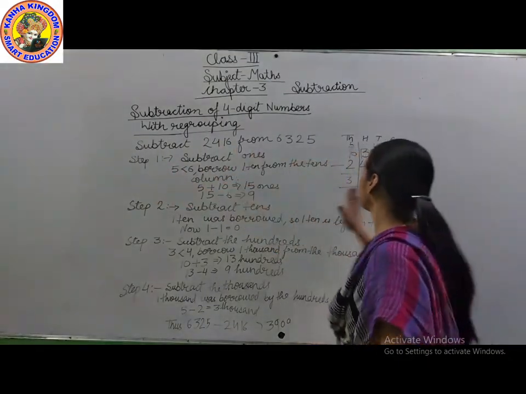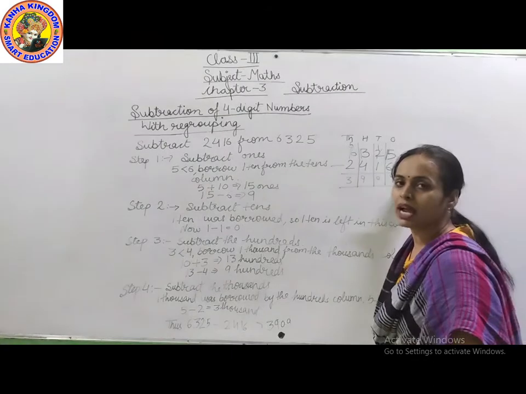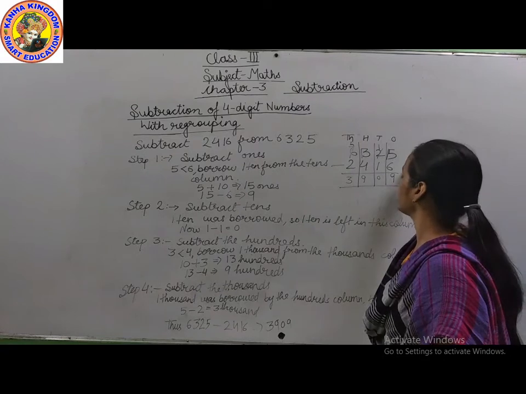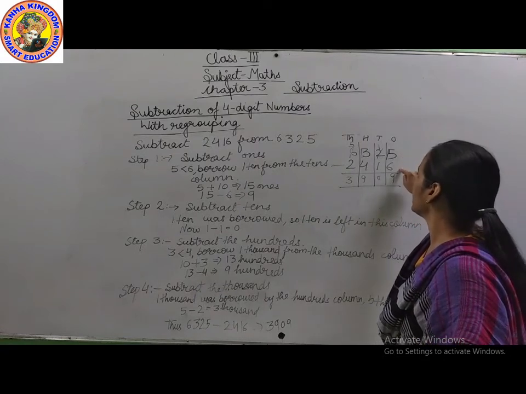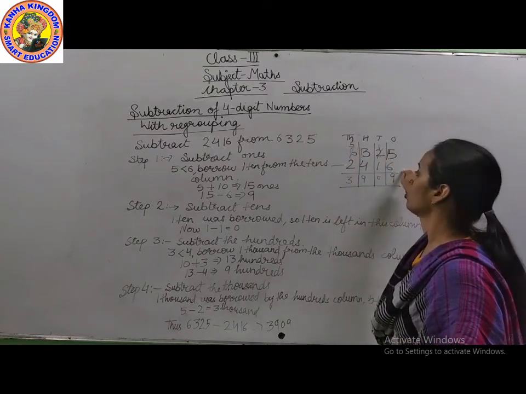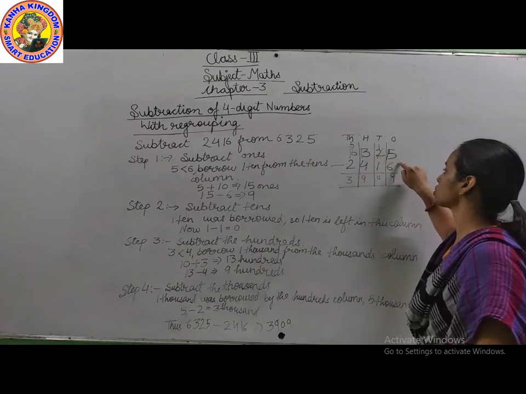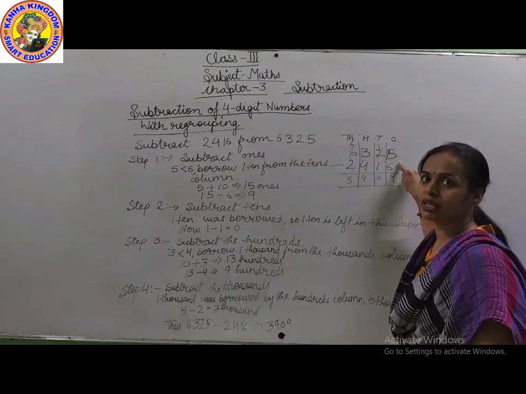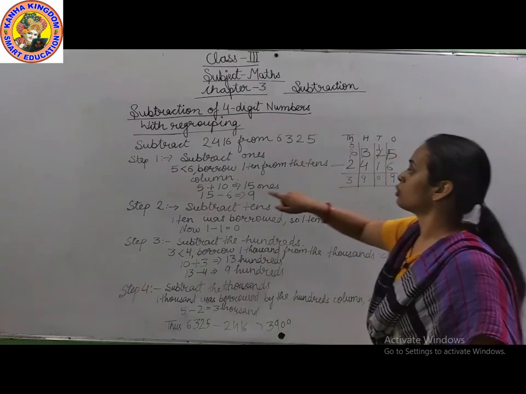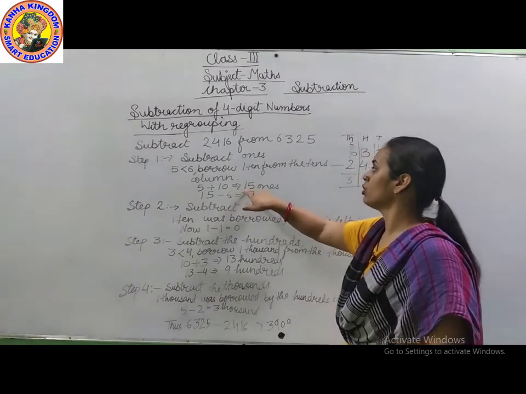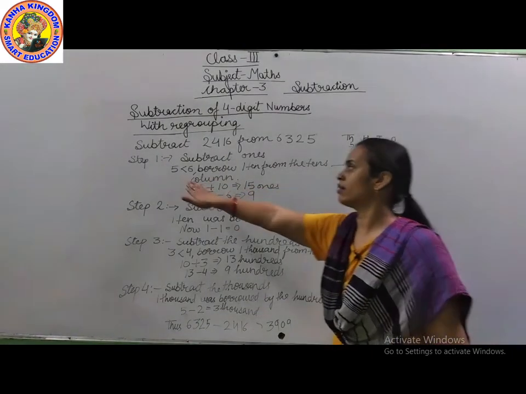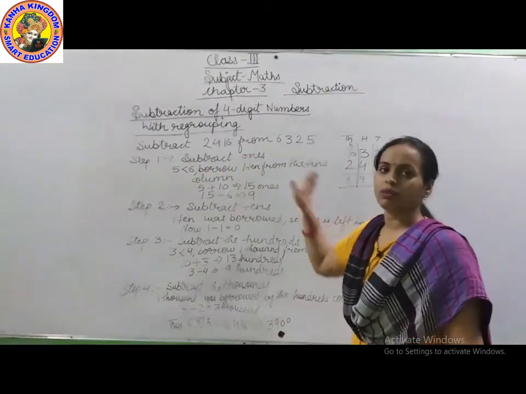First step, subtract ones. Subtract ones means 5 minus 6. So 5 is smaller than 6, so we borrow 1 ten from the tens column.